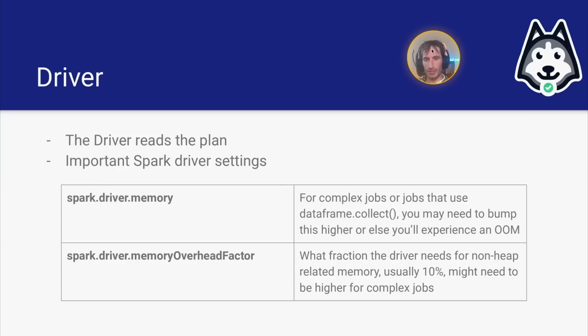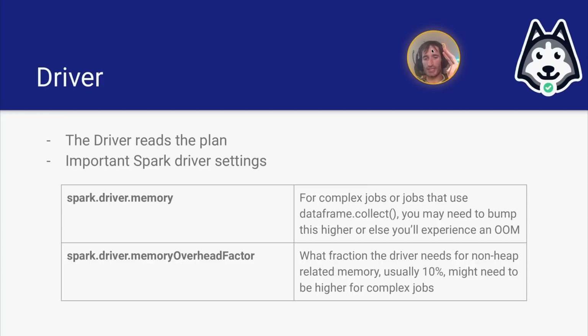The only other one that you might want to also change is memory overhead. So this is where the driver needs memory to process the plan. And if for some reason you have a very complicated plan, you might need more overhead memory, because the JVM might take up more memory in those cases.